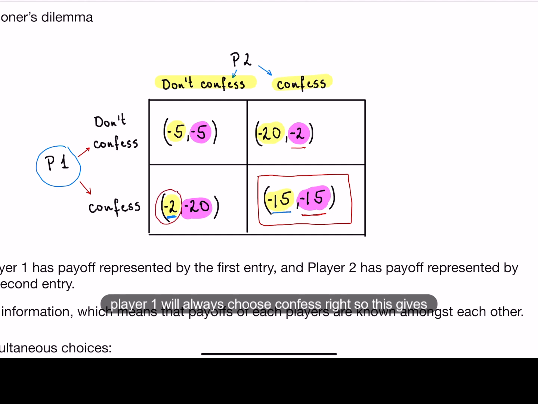So this gives a lighter sentence. And so we say player 1 has a dominant strategy. On the other hand, we also observe that player 2 has a dominant strategy as well. So player 2, between choosing not confessing or confessing, always chooses to confess because confessing gives a lighter sentence regardless of what player 1 chooses.